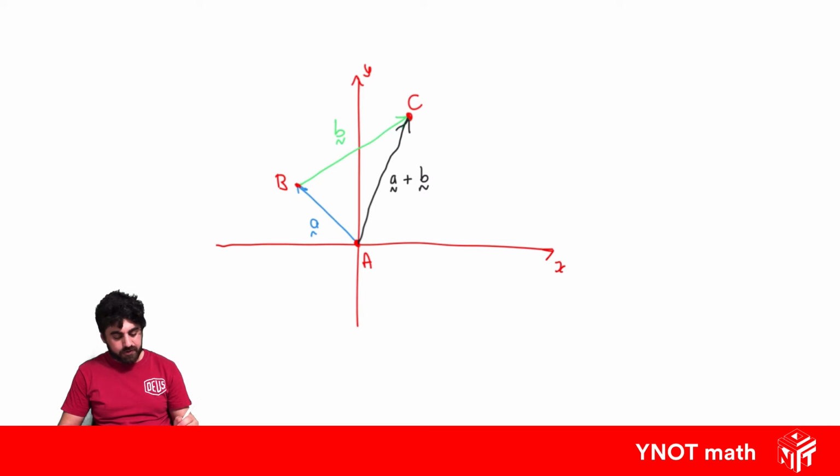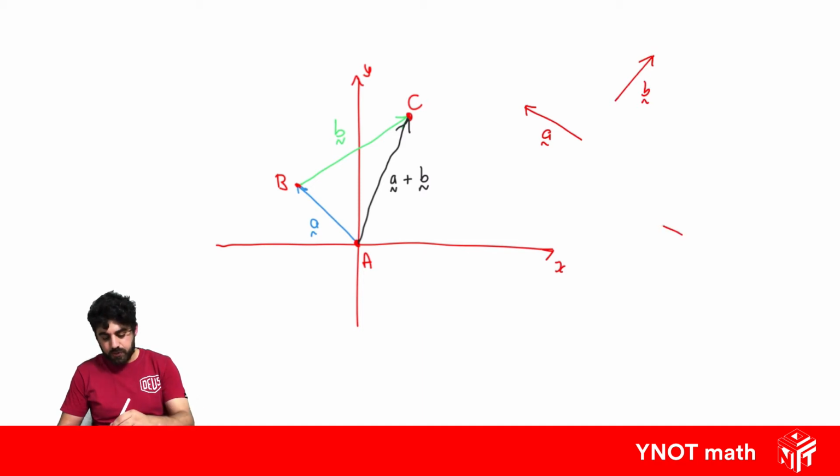And even if the vectors were separated, remember the vector only depends on its magnitude and direction. We can always move a vector around. So a vector A and B, we can always move them around so that the tail of one and the tip of the other are joining.